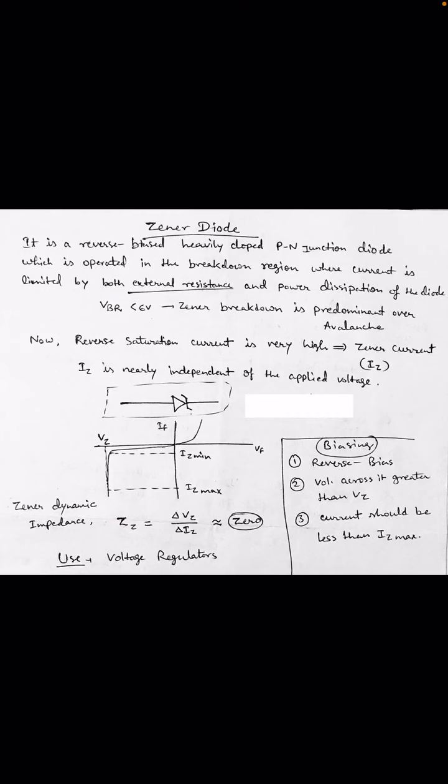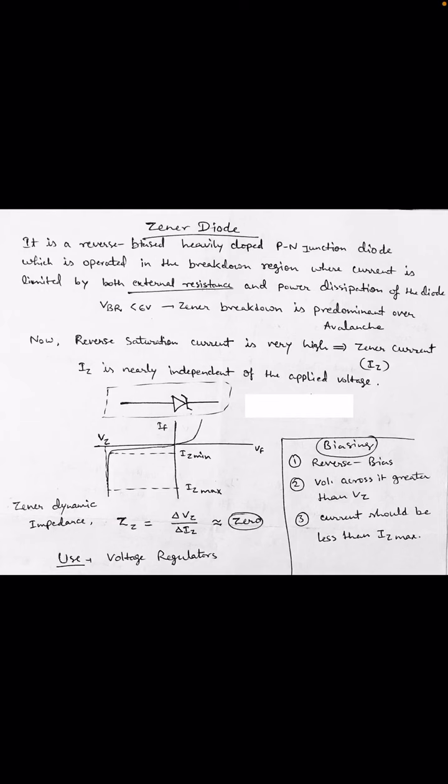So when we have a heavily doped PN junction diode, then the depletion layer is very thin. This kind of situation or characteristic is used in making Zener diode. And Zener diode works on the phenomenon of Zener breakdown.